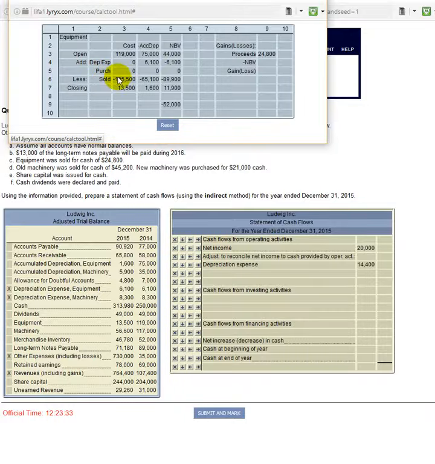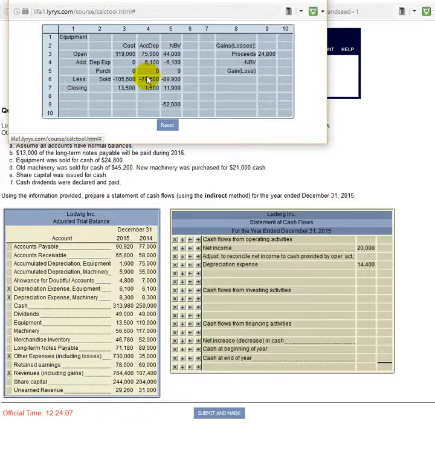So we've done something wrong here. 119 minus 105, that does look right. 75 plus 61 minus 65, that doesn't look like it's the right number. So let's see what we did here. 75,000 plus 61. Oh, we've got too many zeros there. Okay, so that makes a little bit more sense.